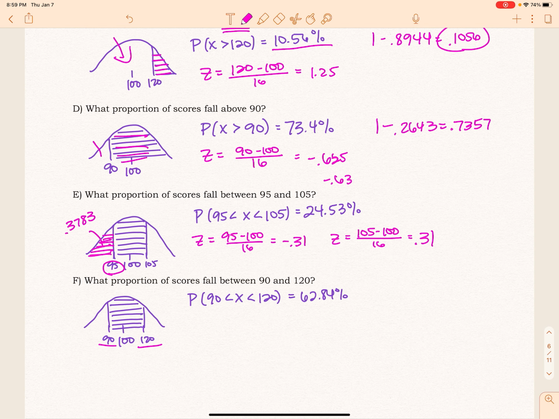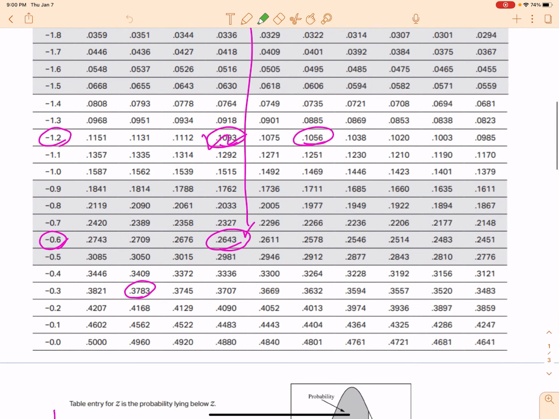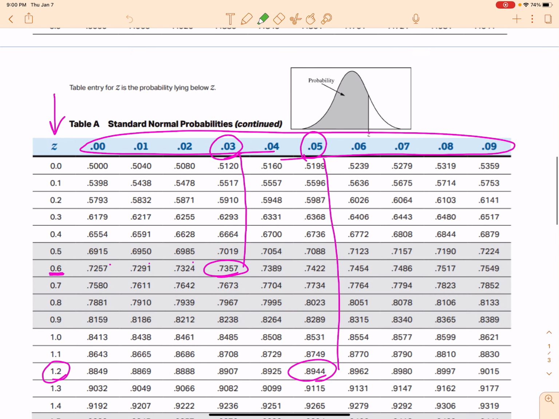And then at positive 0.31, that is going to give me the area of all of that, including the first area that I found. So positive 0.31 is 0.6217.